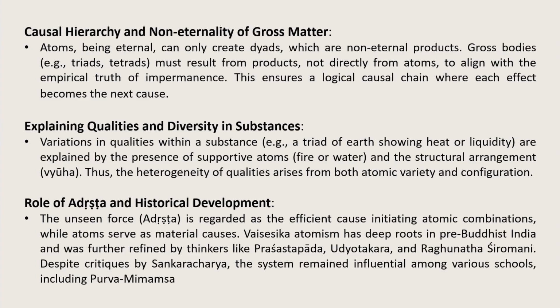This ensures a logical causal chain where each effect becomes the next cause, explaining the qualities and diversity of substances. Variation in qualities within a substance is explained by the presence of supportive atoms and the structural arrangement. Thus, the heterogeneity of qualities arises from both atomic variety and configuration.